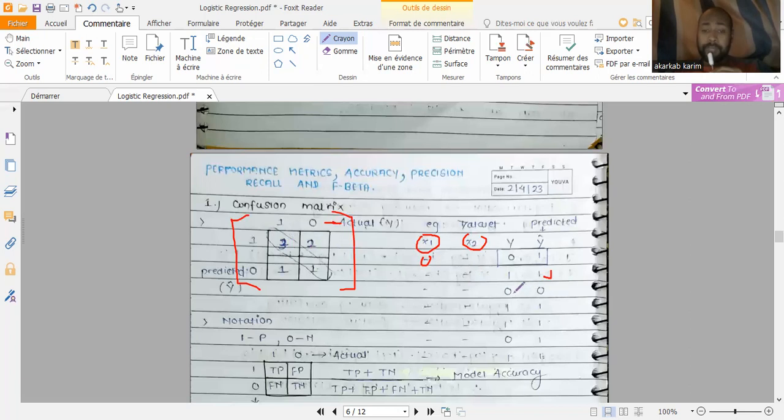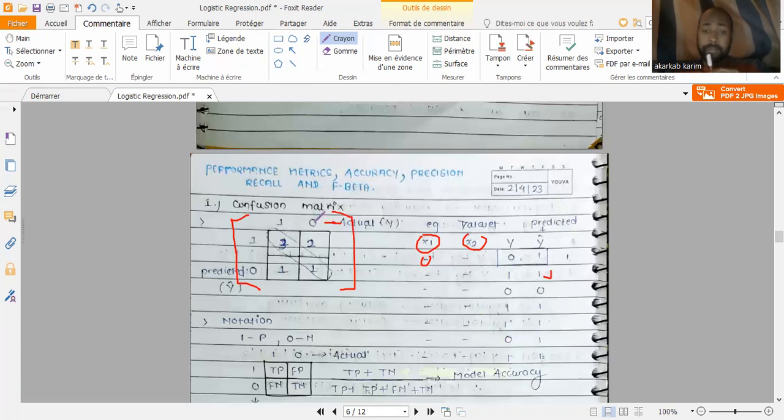Here we have 0 and we have 0. I put it here. This intersection between 0 0 is here. And also we have 1 1. We add 1 to the last one. That means we have 2 here. Also we have 1 1. That means it's 3. For actual, we have 0 and we have 1.